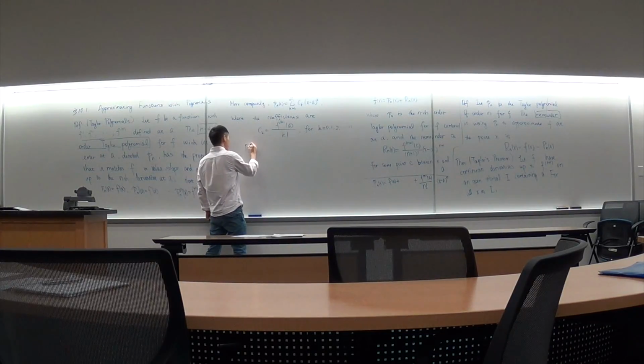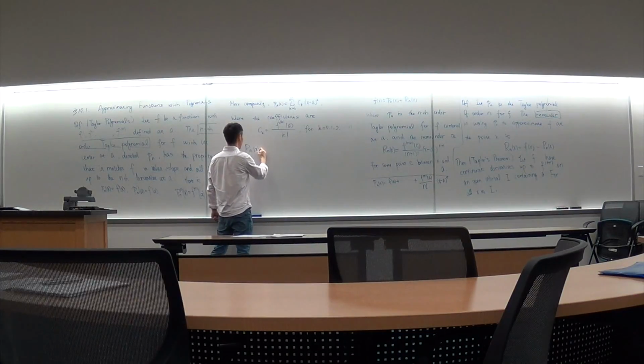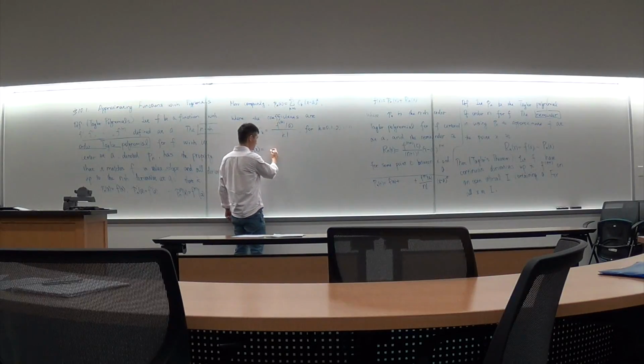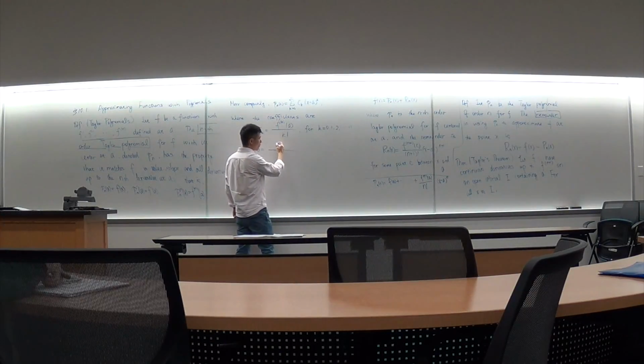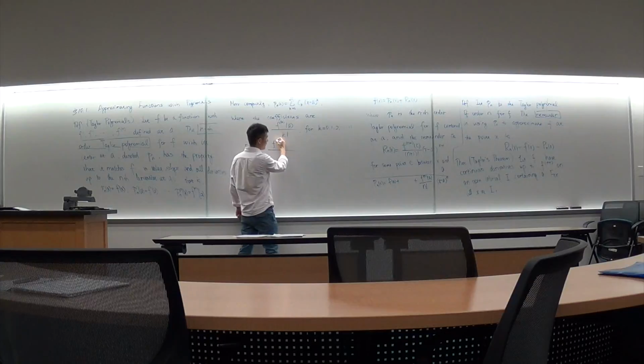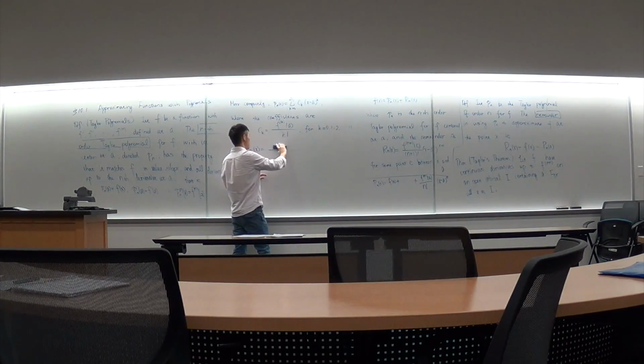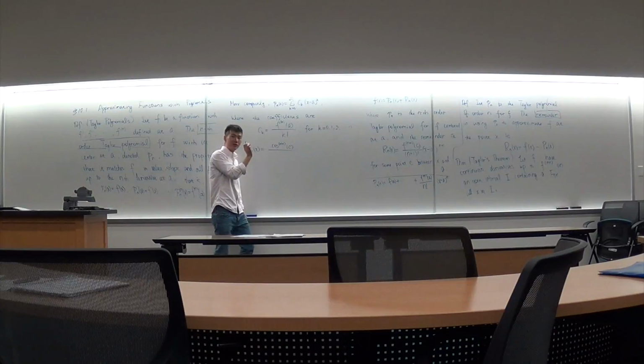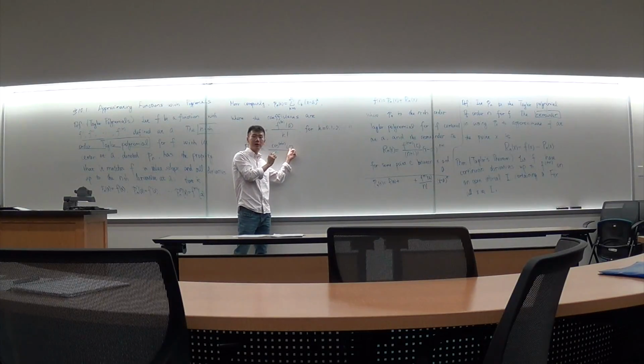So let's write out the remainder. What is the remainder for this approximation? It's f to the n plus 1. Okay, so it's a cosine function, so it's the cosine n plus 1 derivative evaluated at some point C. Now you see the tricky thing is here: what is C?